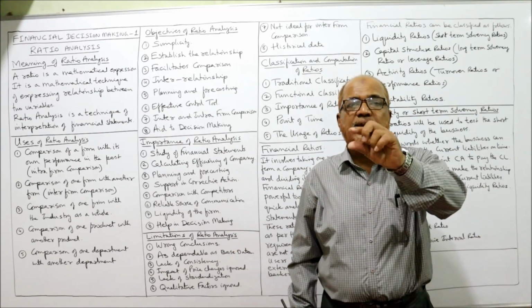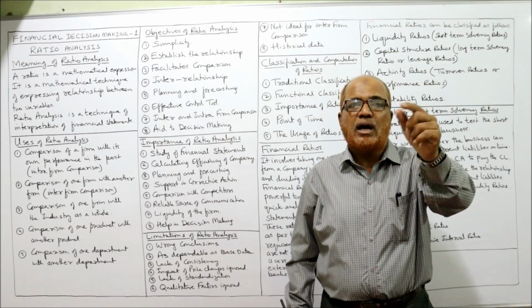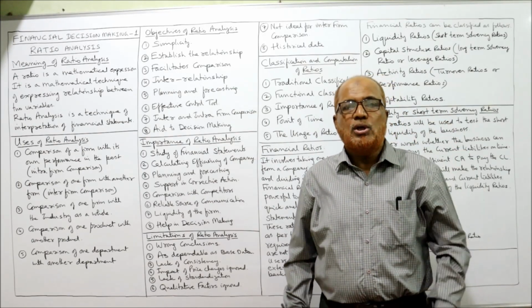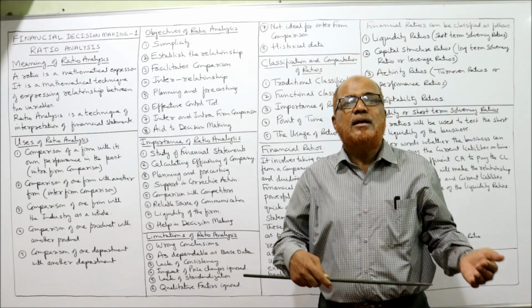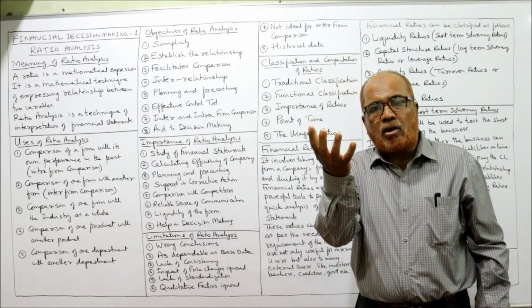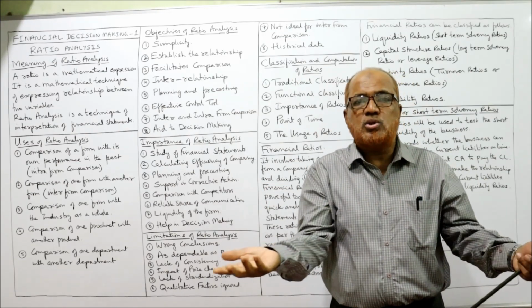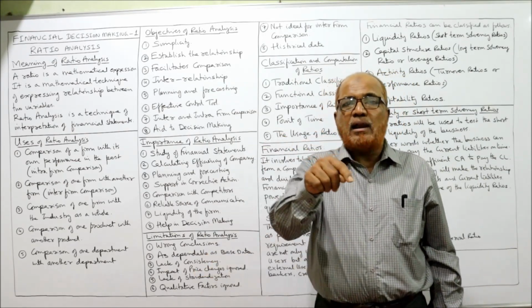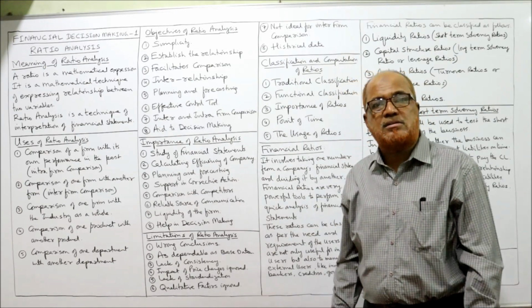That's why one word is there in computer terminology, GIGO: garbage in, garbage out. Whatever you give to the computer, the same thing you will get back. Similarly, if you make wrong financial statements, the ratios calculated will also be wrong. So before calculating the ratios, you must make the correct financial statements.